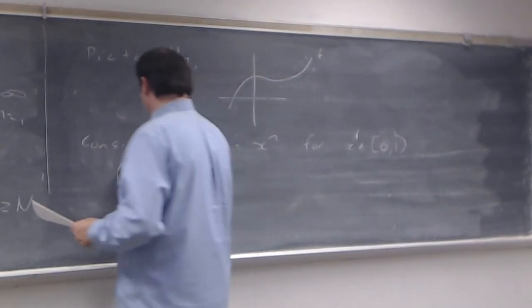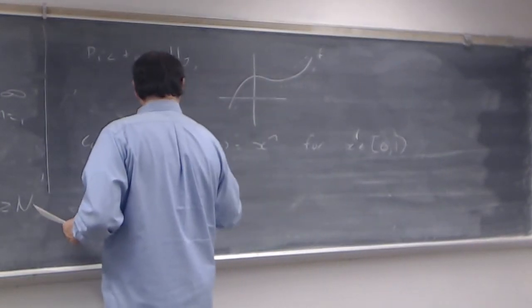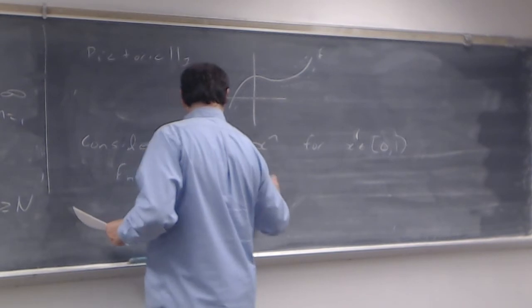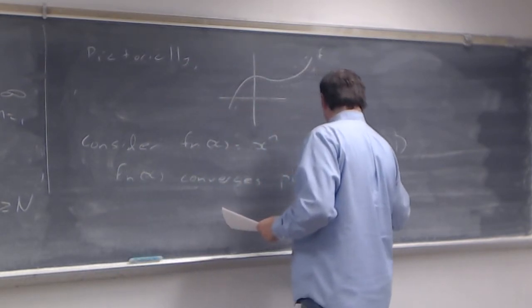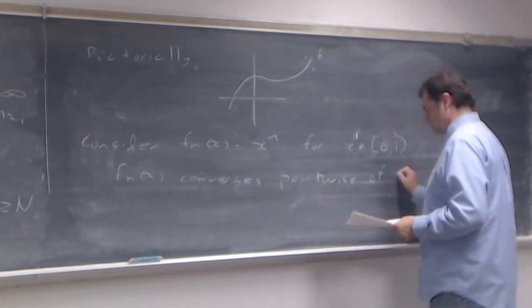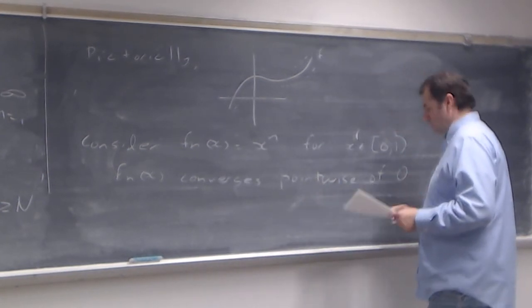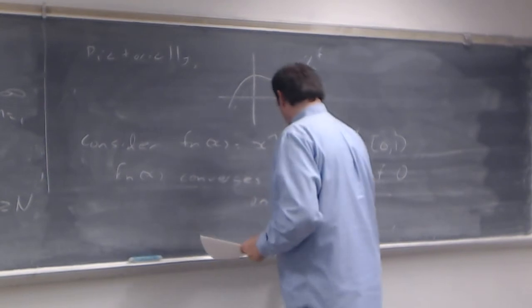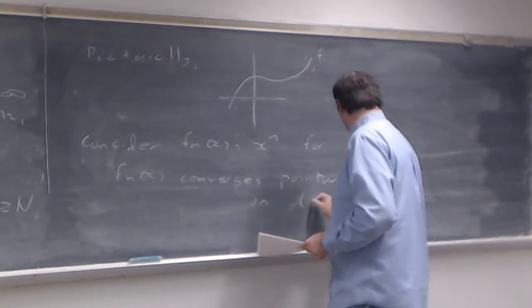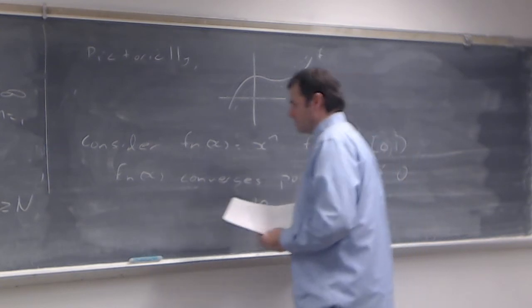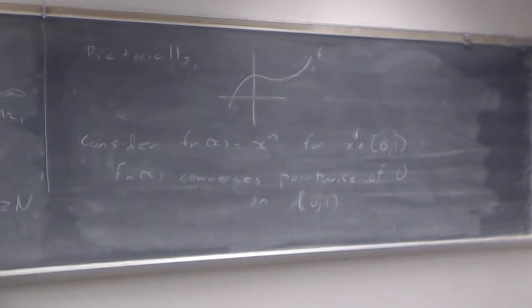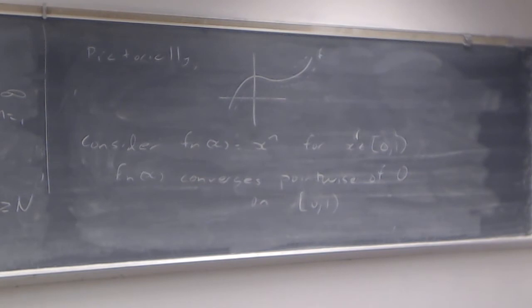Now, f sub n of x converges pointwise to 0 on that domain. Now let's look at it pictorially, and we'll see that it does not converge uniformly.